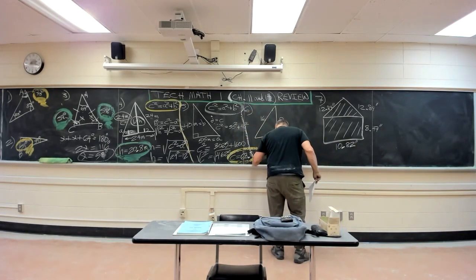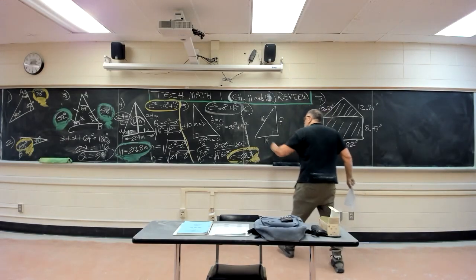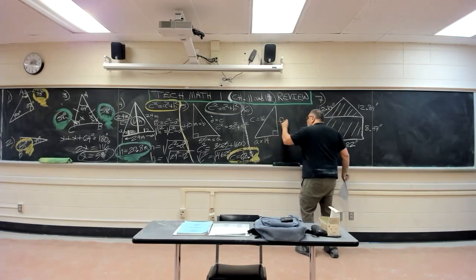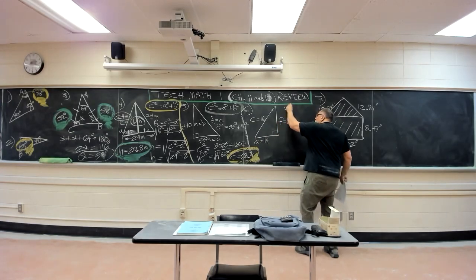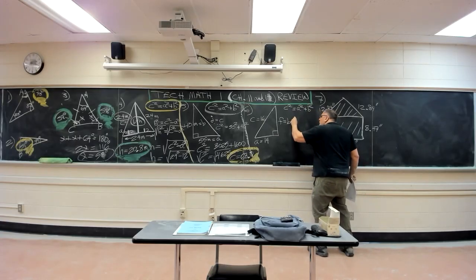What we can keep saying is, let's call this guy C, let's call this guy A, call this one B, and let's go C squared equals A squared plus B squared. I want to solve for B. Let me subtract A squared on each side.